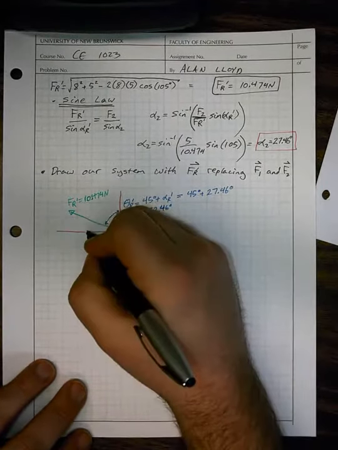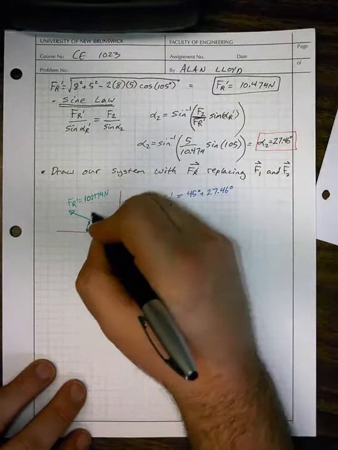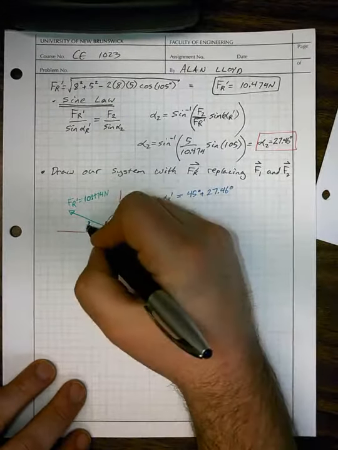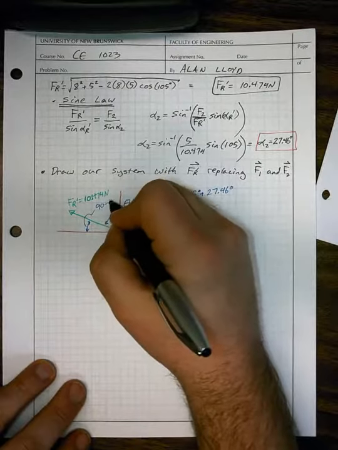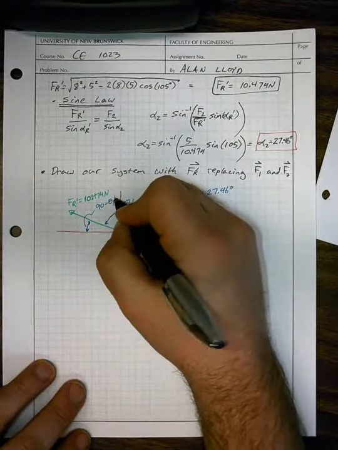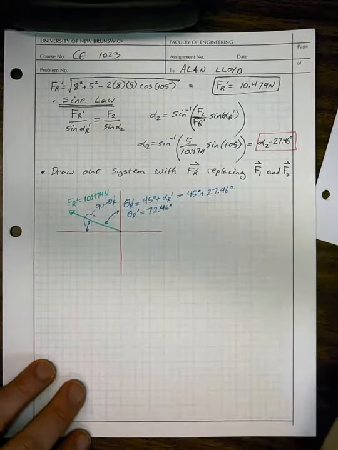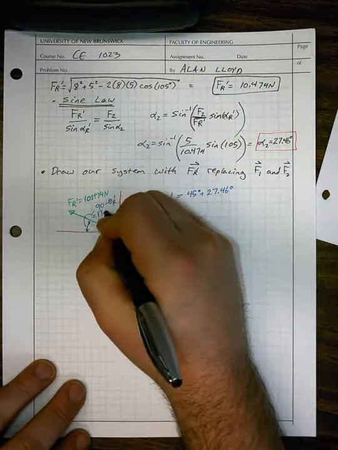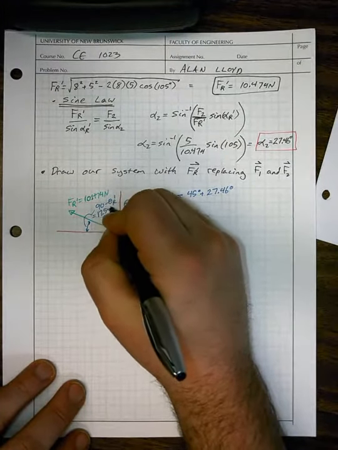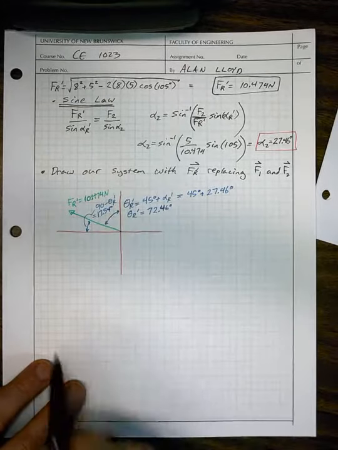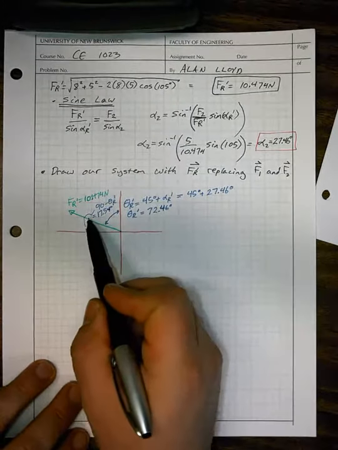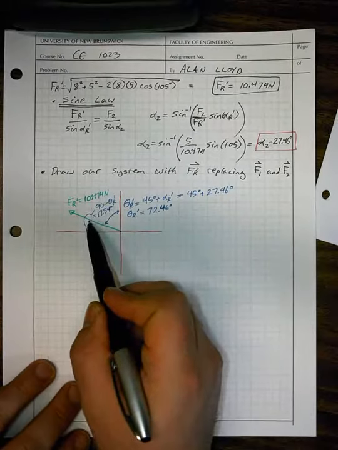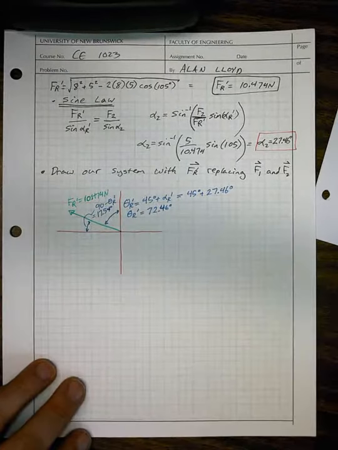Let's determine this angle too. This angle here is simply 90 minus theta R prime, and this happens to equal 17.54 degrees. So FR prime is 17.54 degrees off of the horizontal, or 72.46 off of the vertical.